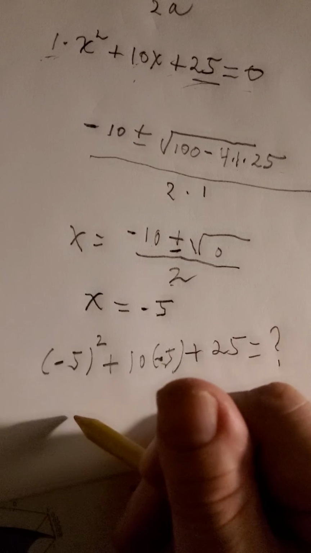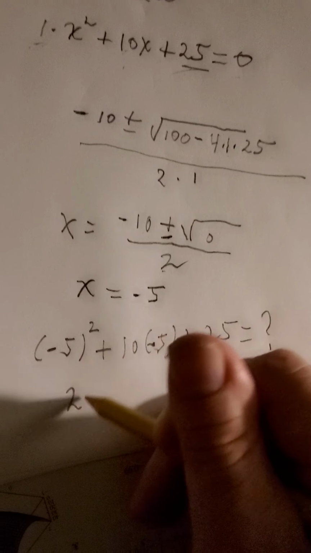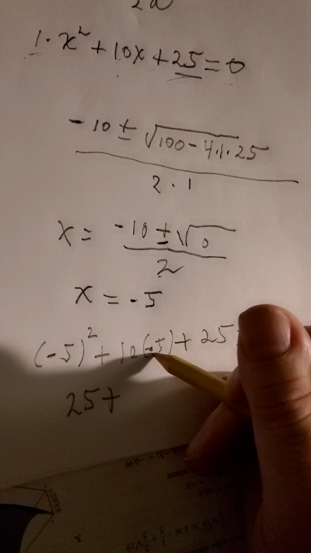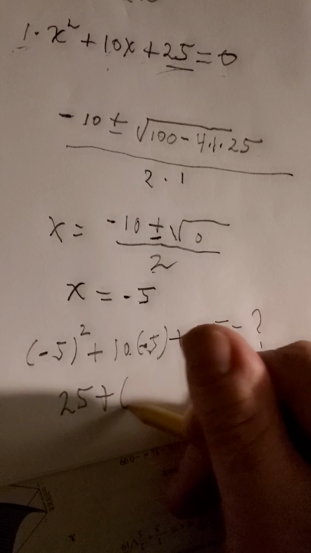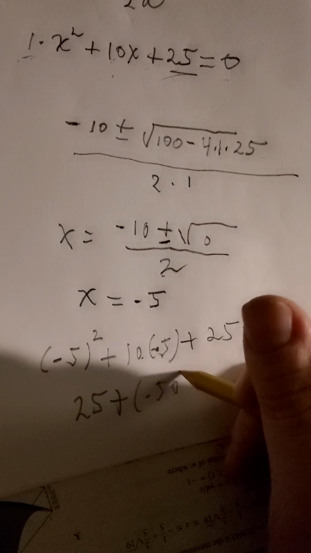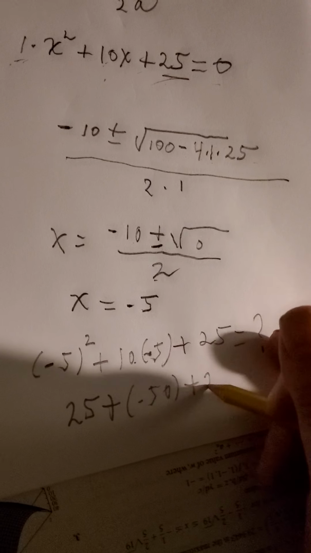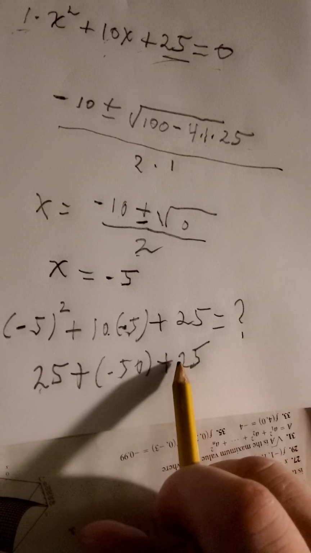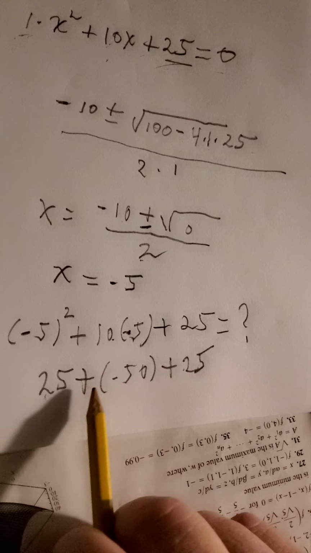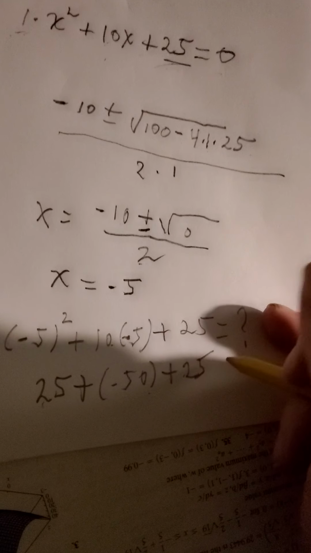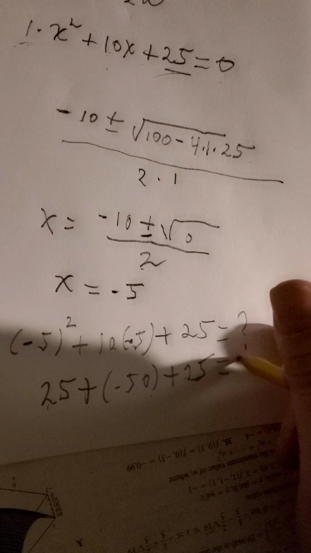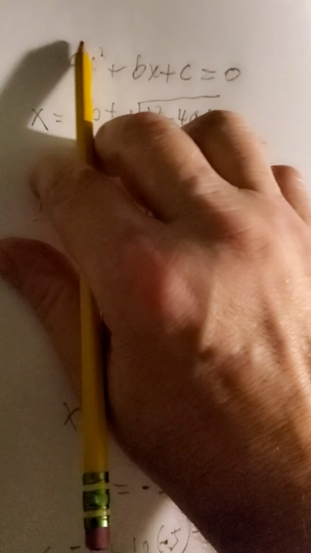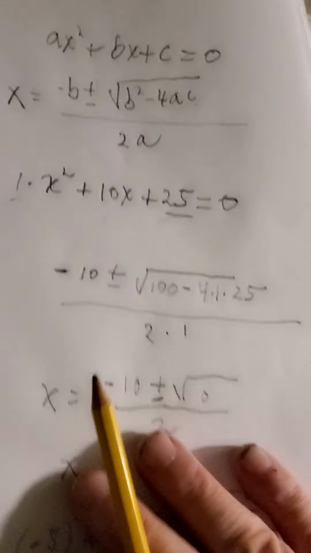Negative 5 squared is just negative 5 times negative 5, which is positive 25, plus 10 times negative 5 is negative 50, plus 25. Positive 25 plus positive 25 is 50, plus negative 50 equals 0. So yes, it satisfies the condition that ax squared plus bx plus c equals 0.